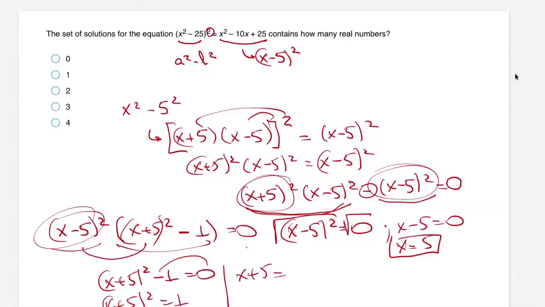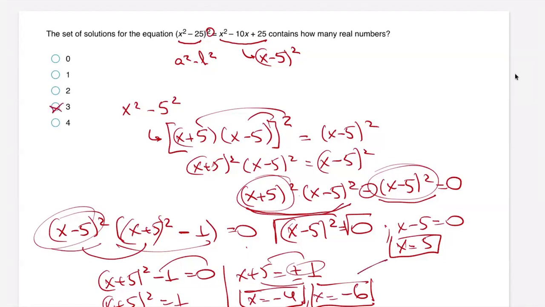X plus 5 is equal to plus or minus square root of 1, that is 1. I will pass 5: minus 5 plus 1 is minus 4. I will pass 5: minus 5 minus 1 is minus 6. So you have 3 answers.